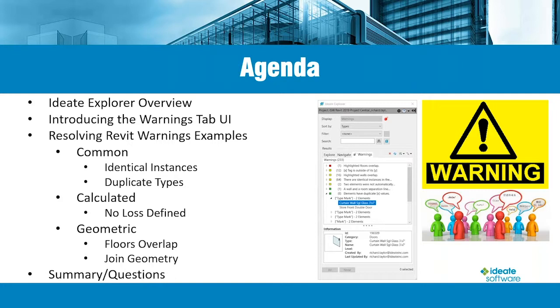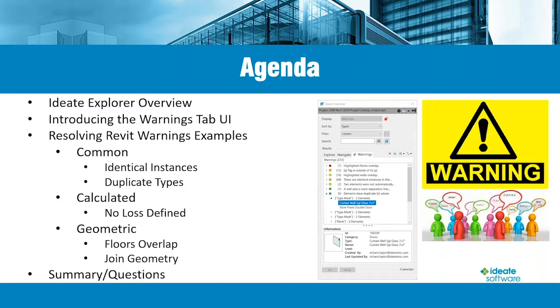What we're doing is basically enabling you to understand the warnings, and the elements that contain warnings, or even the types of warnings. And then you're going to use the tools in Revit to fix those warnings. For instance, in my geometric warning, I'll use the example of floors overlapping.